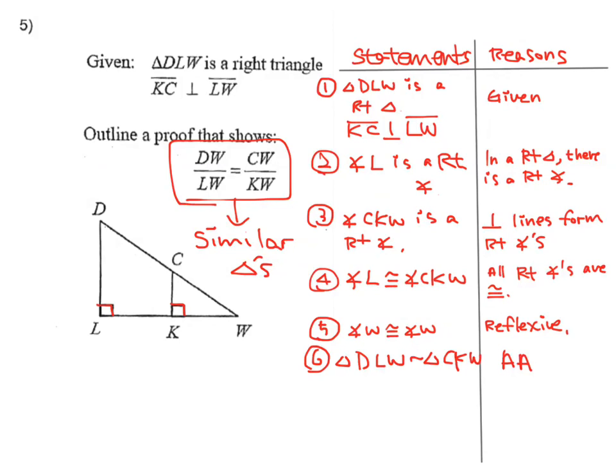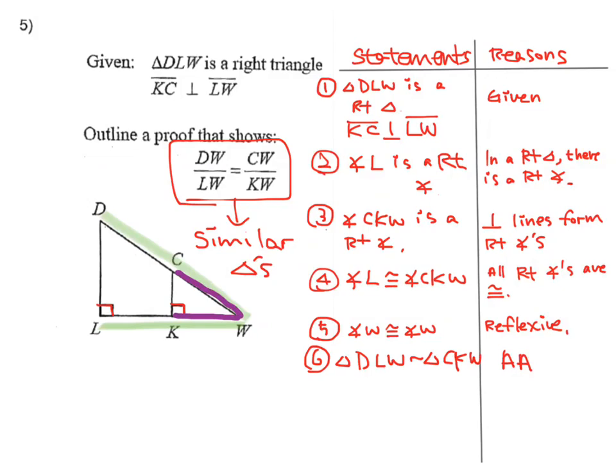Now, then let's go back to the thing which we needed to prove. Where is DW? DW is the outer line, and LW is these two outer lines. And how about CW? CW is the corresponding hypotenuse, and KW is the corresponding leg. So we can simply write that up as corresponding sides are in proportion.